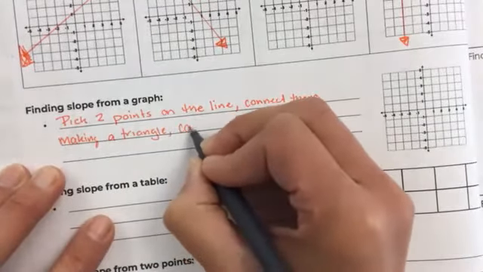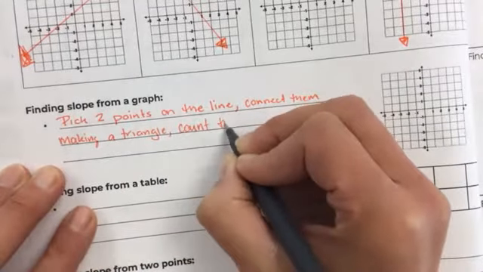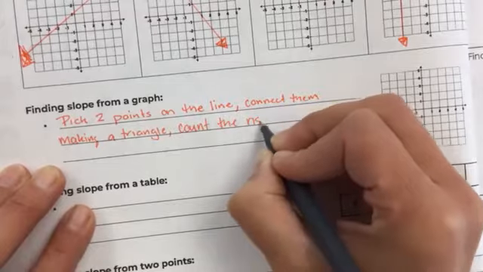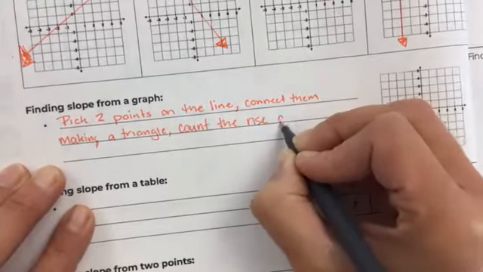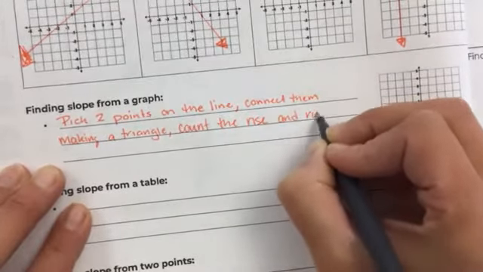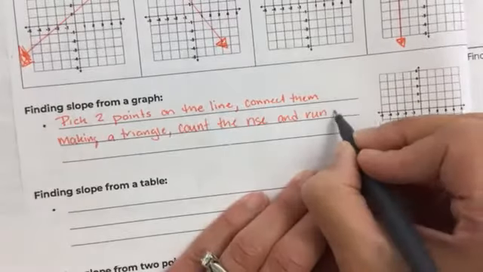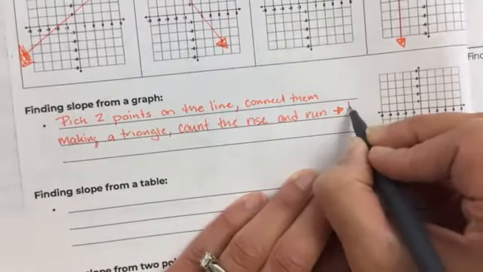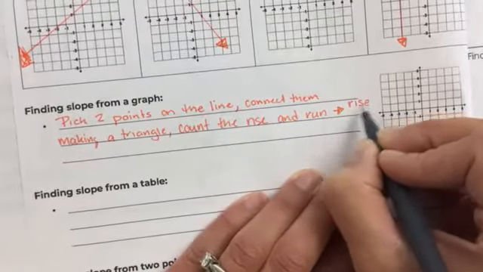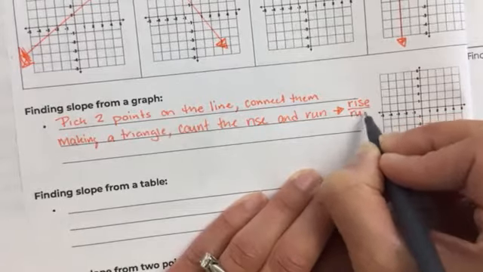And then you are going to count the rise and run. So it is expressed rise over run.